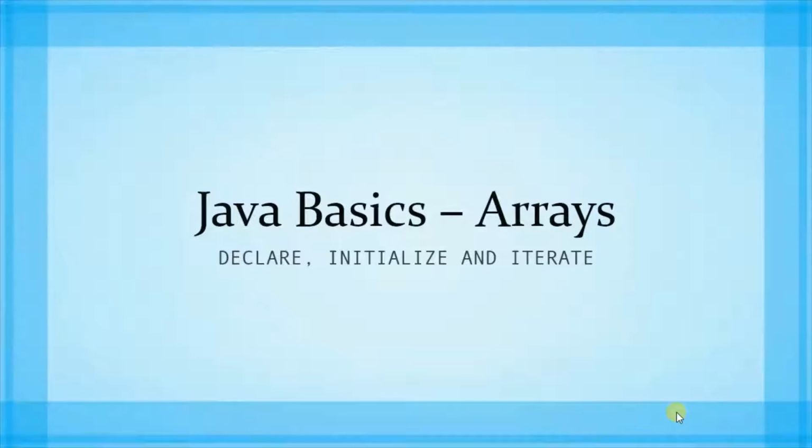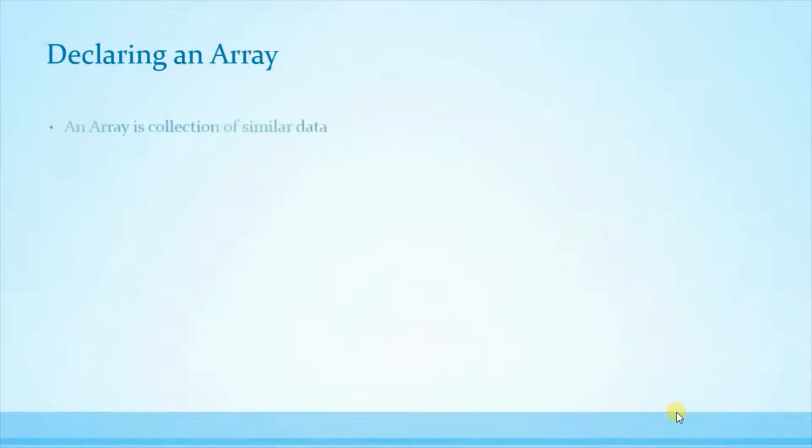Hello there. In this video, we are going to see how to declare an array, initialize, and iterate through it. So, an array is a collection of similar data type.